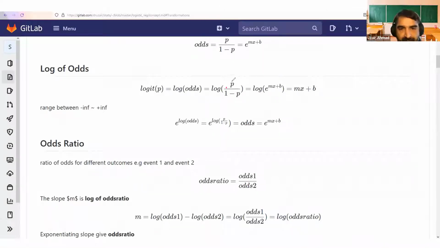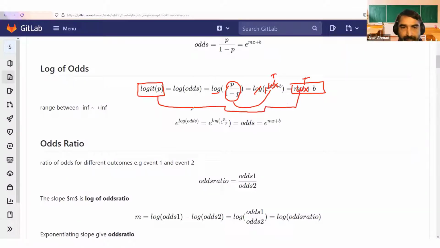We know that odds are P over 1 minus P. When we take the log, we also know that P over 1 minus P is e raised to the power W transpose X. We take the log of e raised to the power W transpose X, the log cancels the e, and we get W transpose X, which we are going to call the logit of P. Log of odds is equal to W transpose X, which is referred to as the logit of the probability.